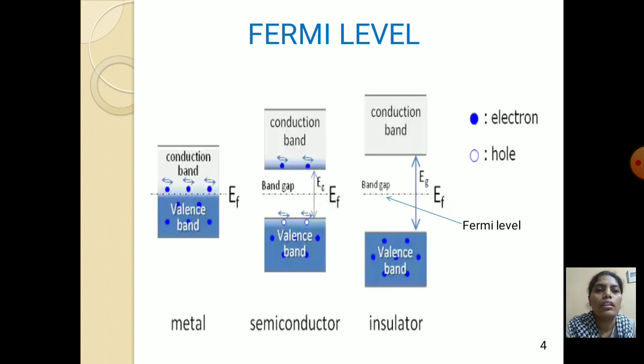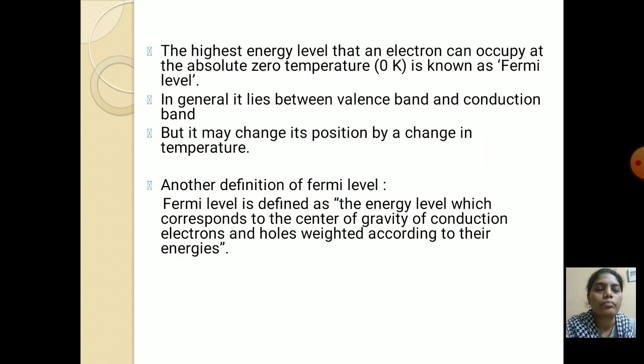Now here we can see a line which is named the Fermi level. In case of metal, it is in between the valence band and conduction band. Let us define what this Fermi level is. It is the highest energy level that an electron can occupy at absolute zero temperature.